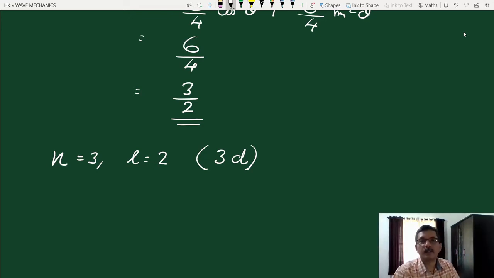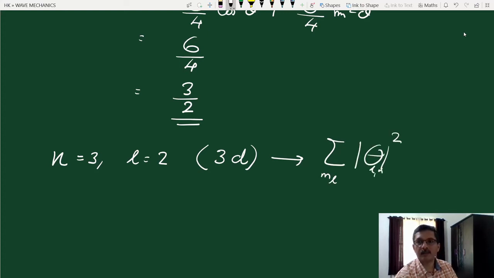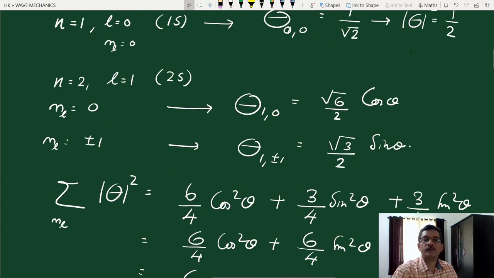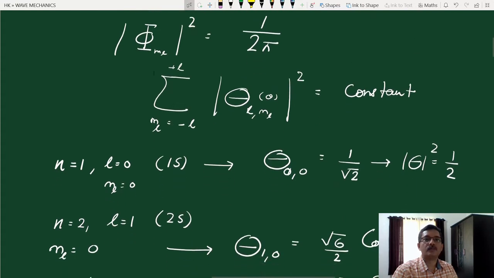You can look at the table of hydrogen atom wave functions and take theta wave functions for different states, take the square and add them. So you can verify this Unsold theorem again, sum over ML of theta L ML square. In this particular example this will be equal to 5 by 2. You can check that.